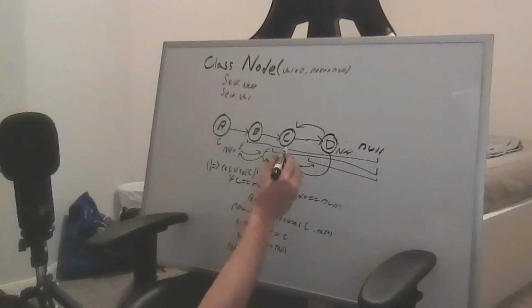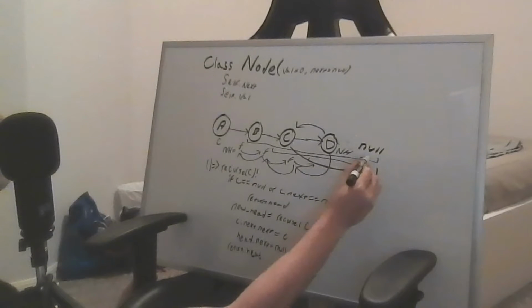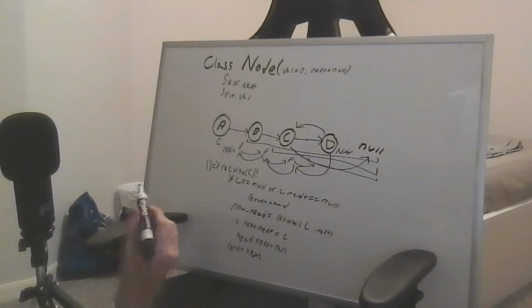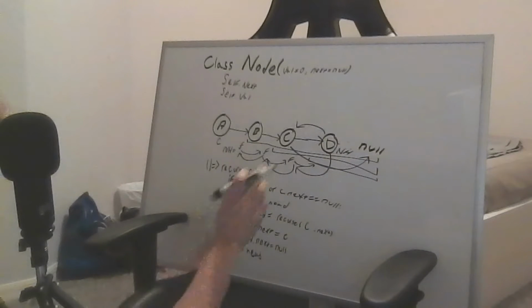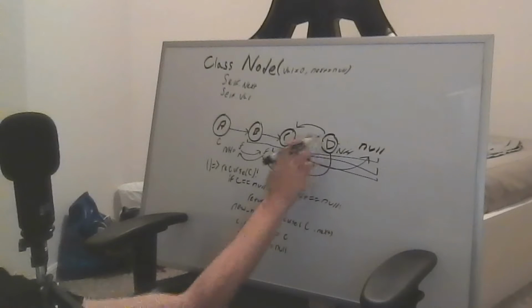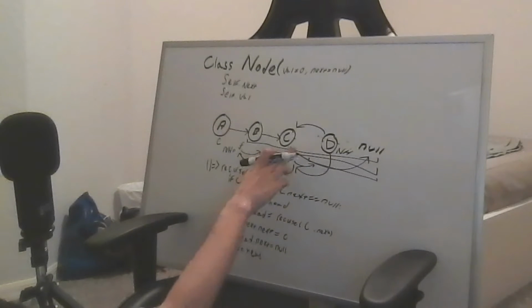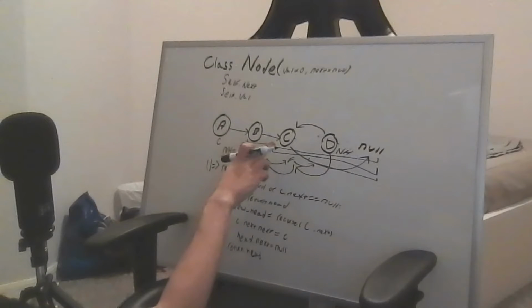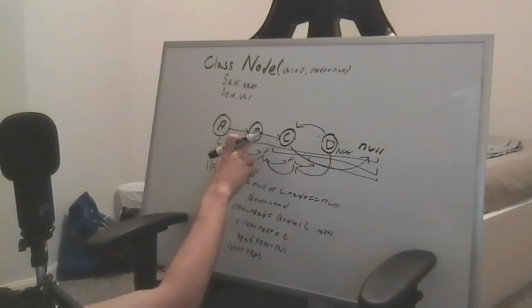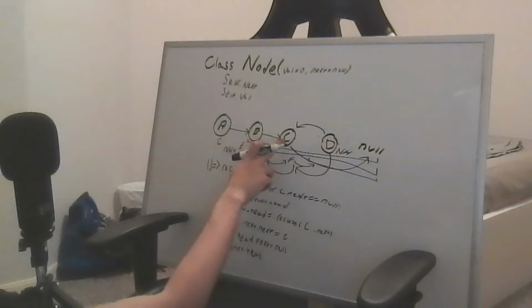So we're going to say that C's pointer now goes right to null. So we have C's pointer pointing at null now, and D pointing at C, and then we come back through, we return, and we bubble back up. So now we are at B. So we're going to say B.next.